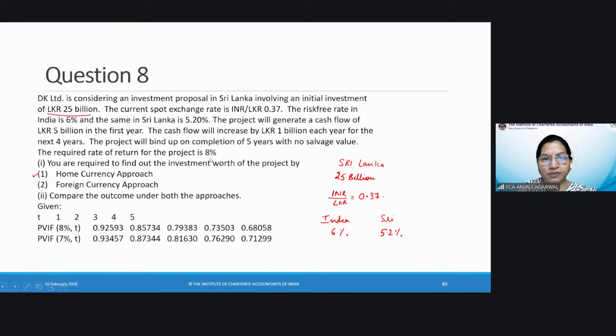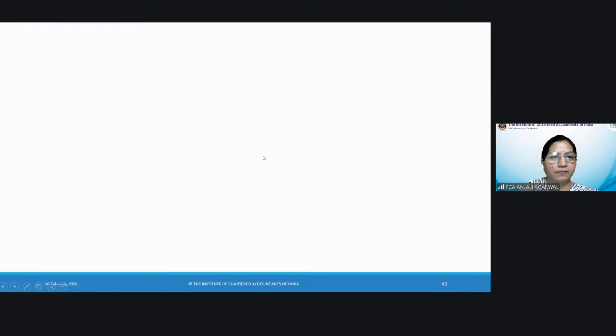The required rate of the project is 8%. You require to find out the investment worth for the project by home currency and foreign currency approach. So you see, in India, the interest rate is 6%. And the required return is 8%. So this will again give us the risk premium. 1.06 multiplied by 1 plus risk premium should give you 1.08.